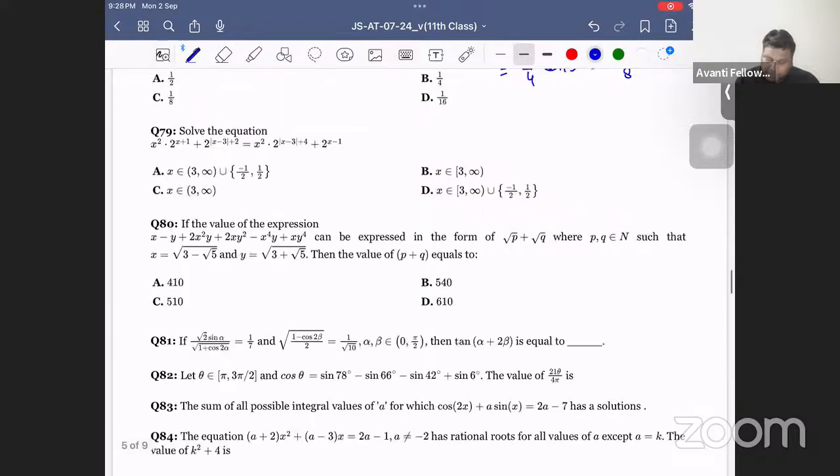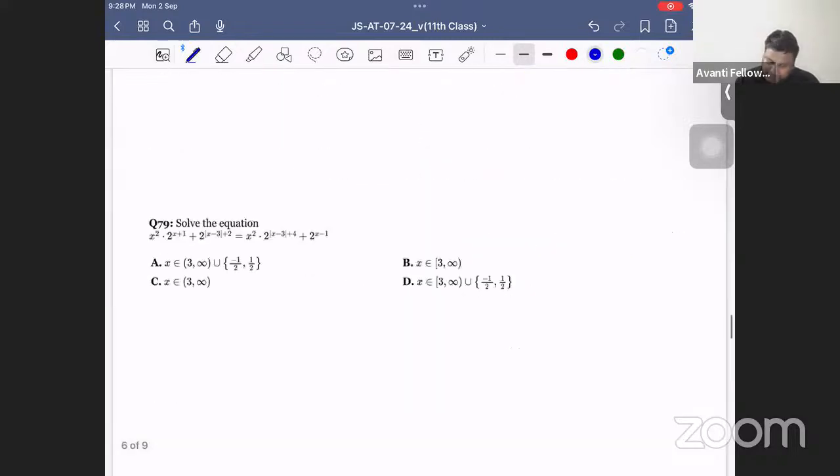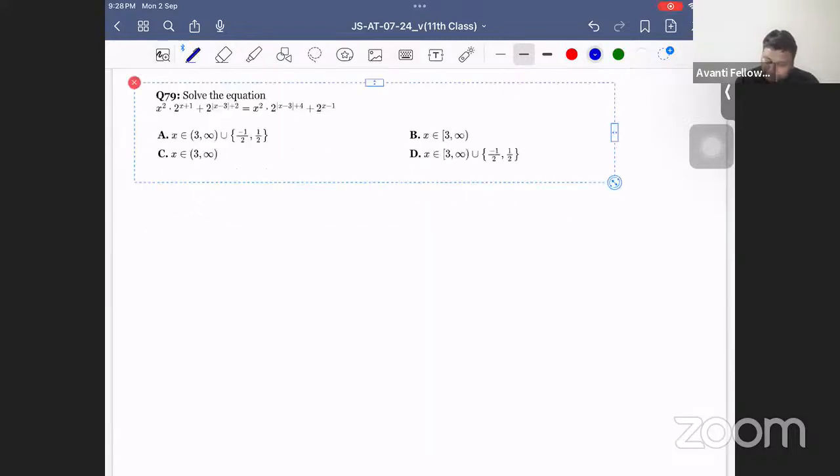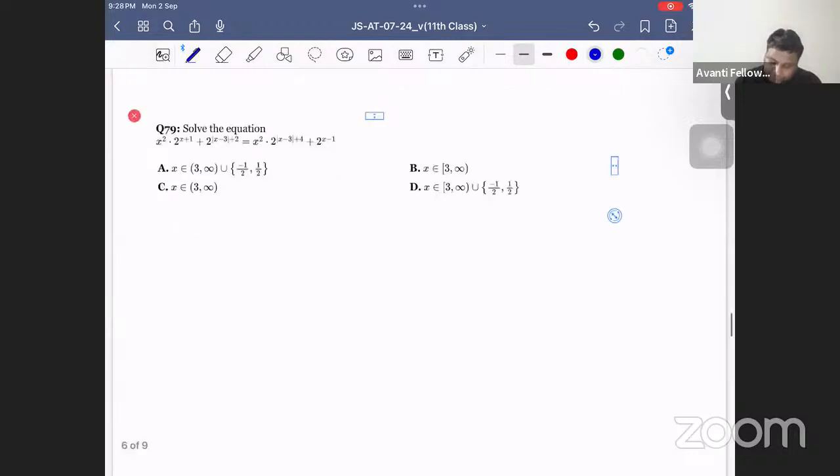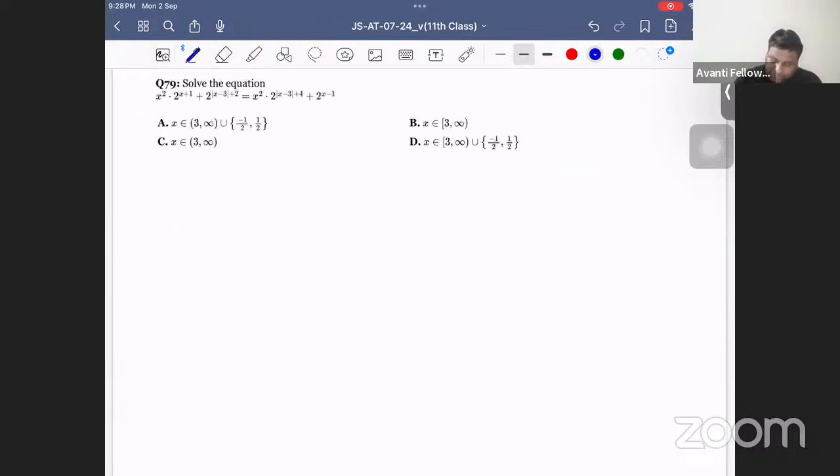All right. Now come to 79. See, 79 is also a good question. x square 2 raised to the power (x plus 1) plus twice of mod (x minus 3) plus 2. Okay. See, the only case is on mod (x minus 3). So if x is more than or equal to 3, in that case, mod of (x minus 3) will be x minus 3.